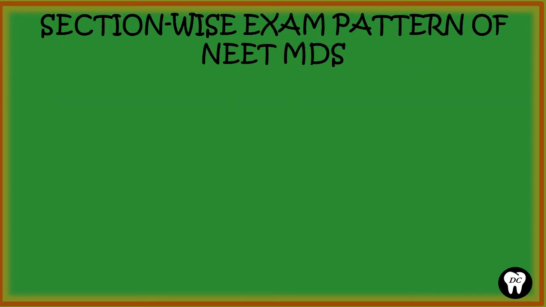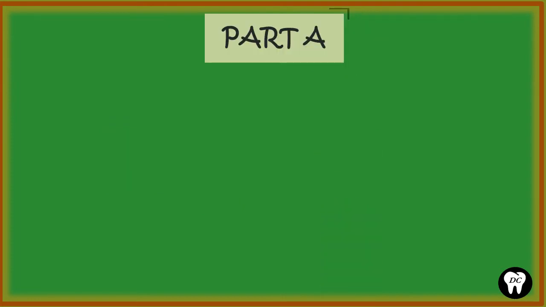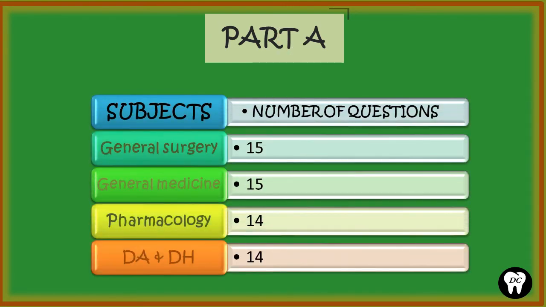Section-wise exam pattern of NEET MDS. It comprises 2 parts, part A and part B. Under part A, we have the following subjects: general surgery, general medicine, pharmacology, and DADH, that is dental anatomy and histology. From general surgery and general medicine, you will get 15 questions each, and from pharmacology and DADH, you will get 14 questions each.